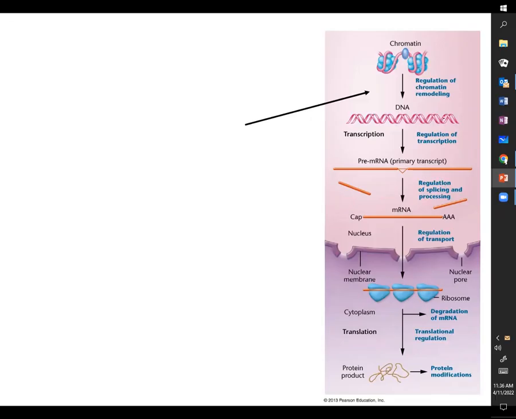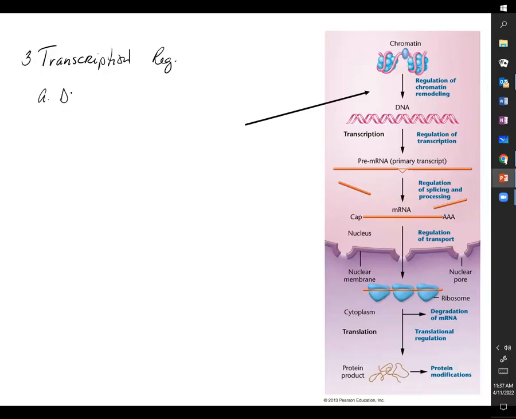But now that we've got the naked DNA available, we can look at the regulation of actually transcription. Transcription is regulated by special transcription factors that are different than the transcription factors we talked about before.